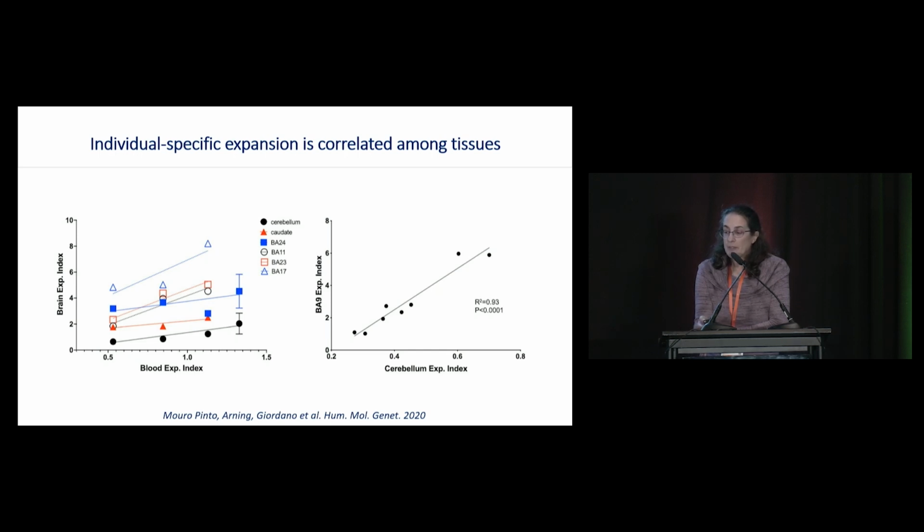For example, between BA9 cortex and cerebellum, there's strong correlation in the instability, and also between blood instability and brain instability, suggesting that the instability in blood for an individual may be a surrogate for instability going on in the brain.